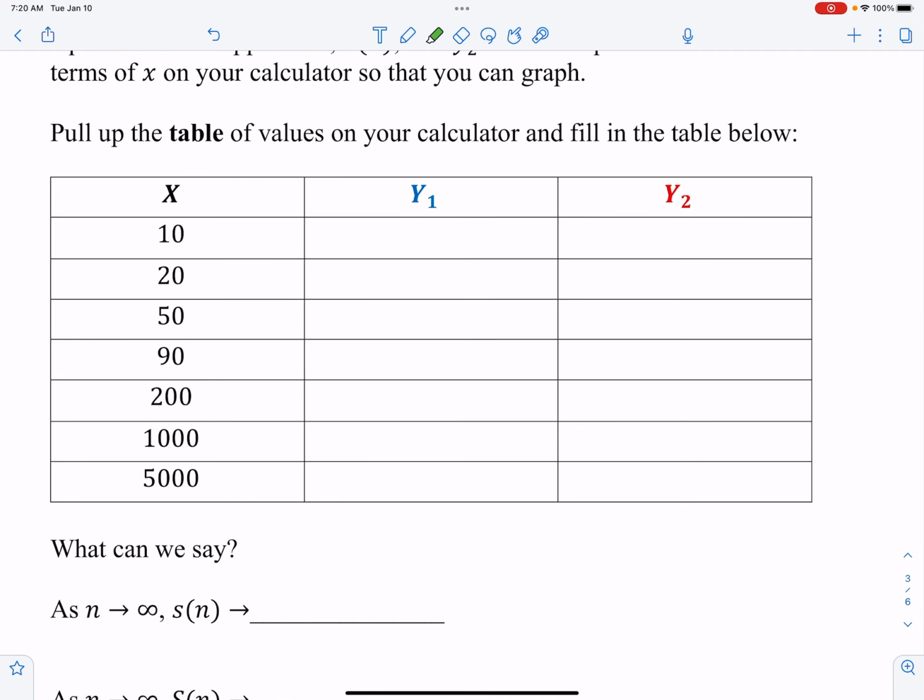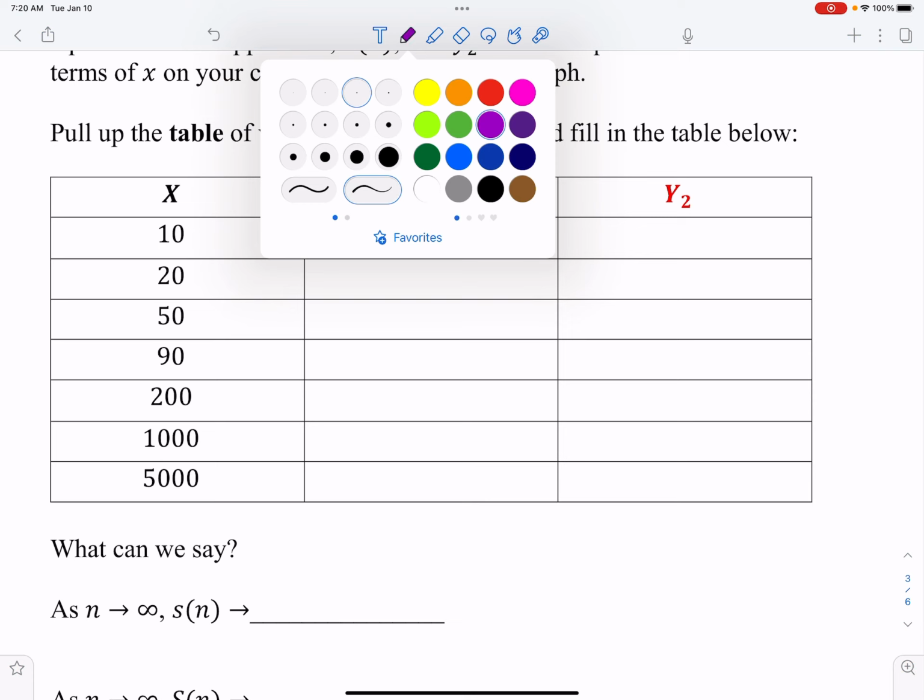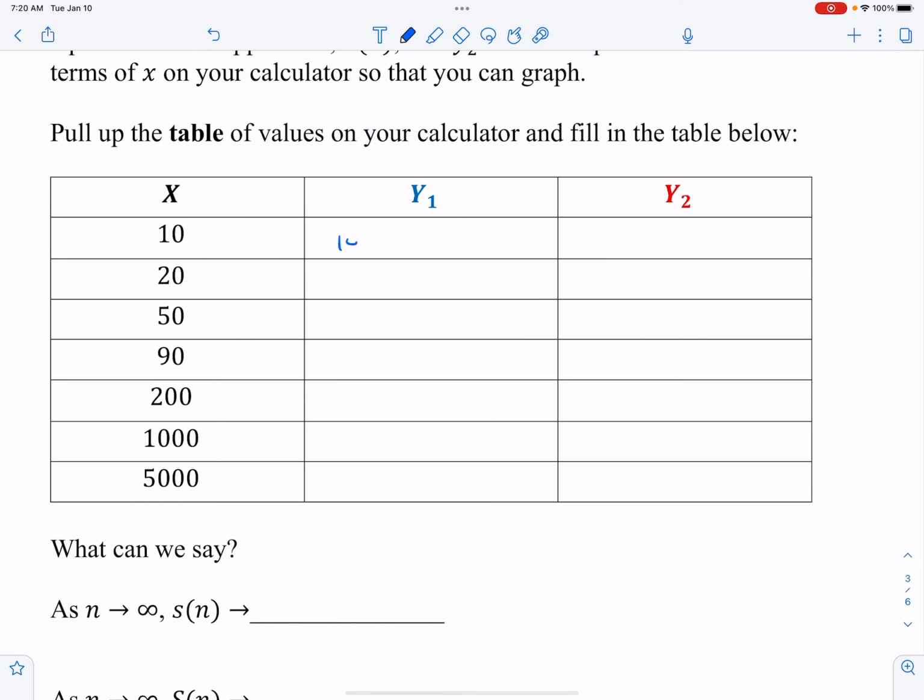So for y sub 1, for 10, I see 14.92. For 20, I get 15.13.